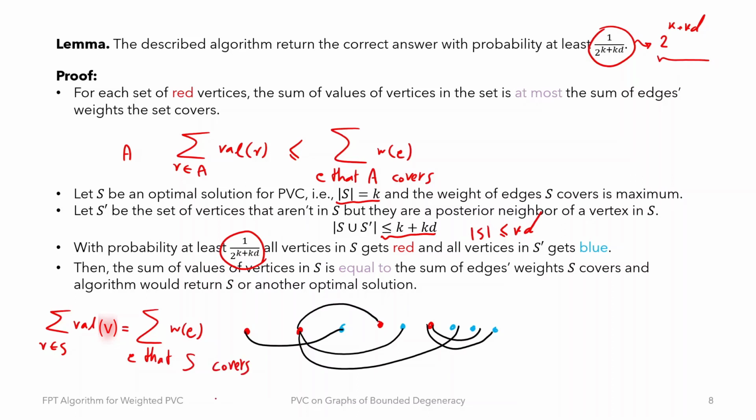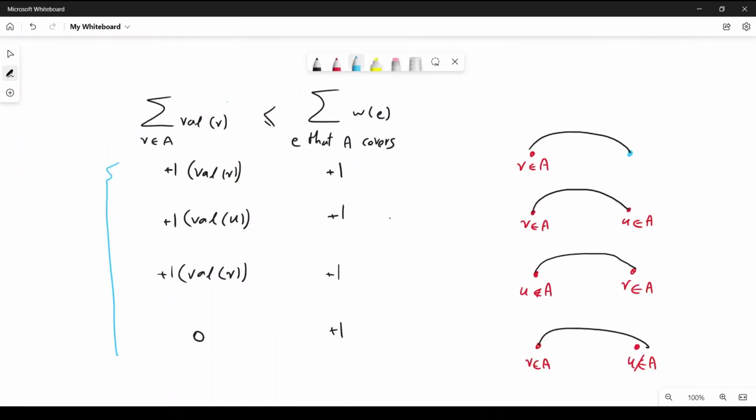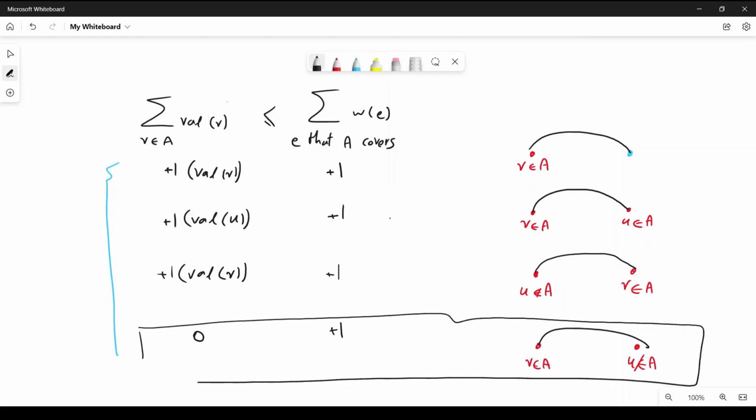So the proof is quite similar to what we just did. Let me get back to it. The only difference is in this case, which is the case that makes the inequality. If we didn't have this case, then the inequality would be an equality. In this case, we have a red vertex which is not in the set, but is a posterior neighbor of a vertex in the set.